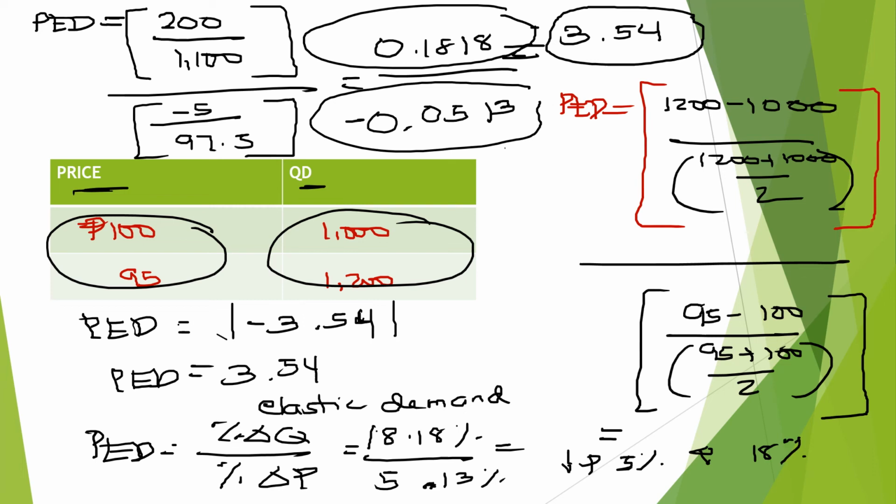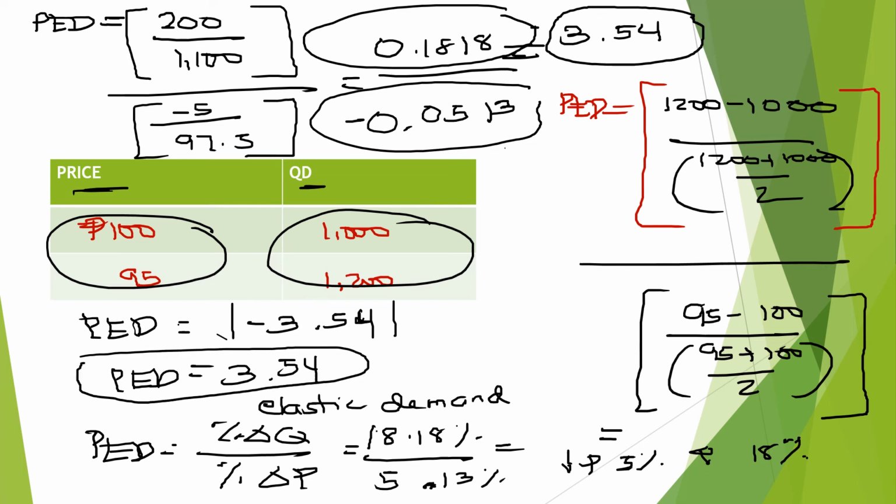So it is sensitive. We're not saying that it is perfectly elastic. It's just elastic because 3.54 does not merit a perfectly elastic demand. So it's high, but it's not that high. It's sensitive, but it's not really hypersensitive. Okay? So this is how we compute our coefficient.